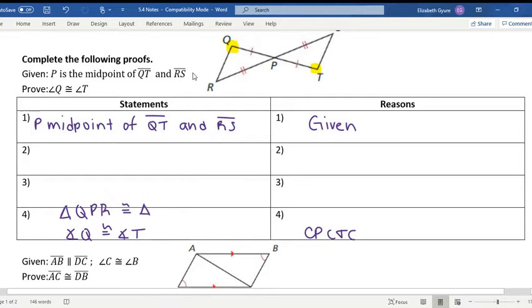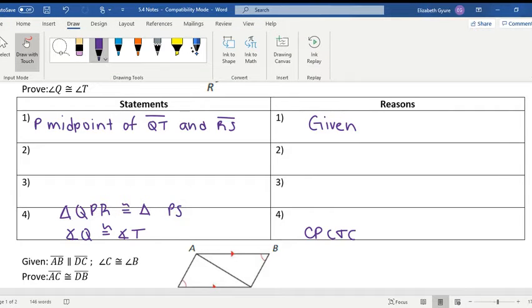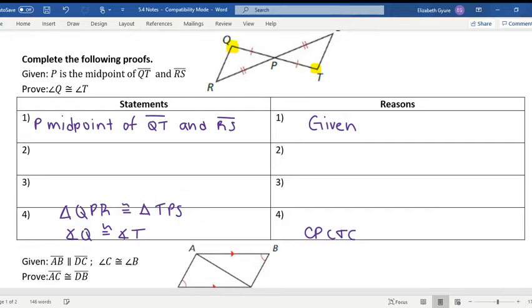So QPR would go with TPS. Now, I don't know how I'm going to say they're congruent yet, but I just know that I need to do it, because to use CPCTC, you have to have congruent triangles.